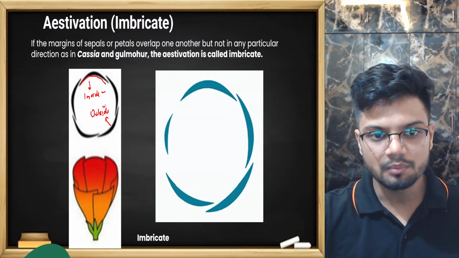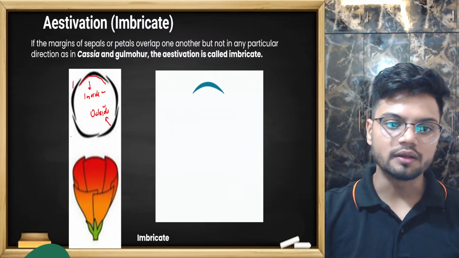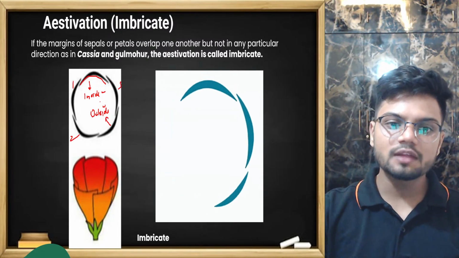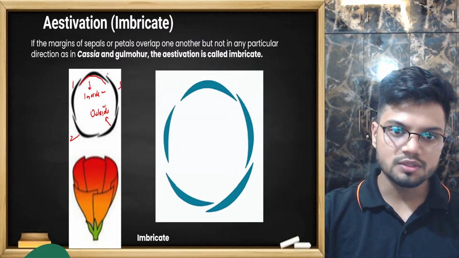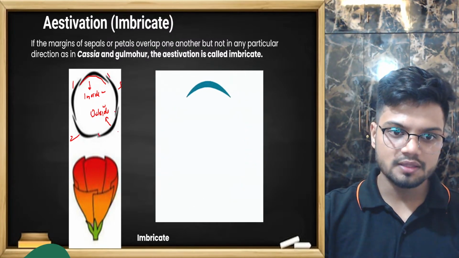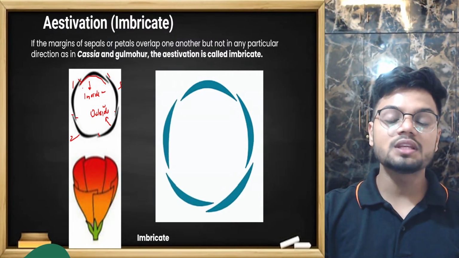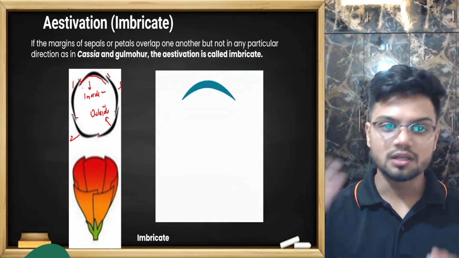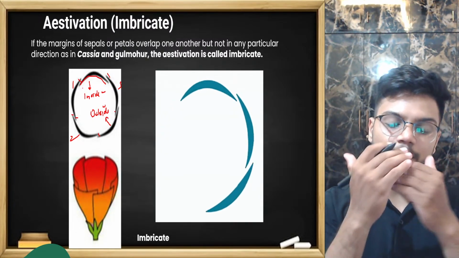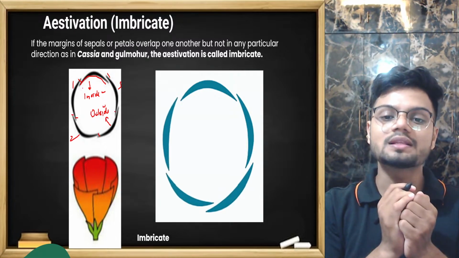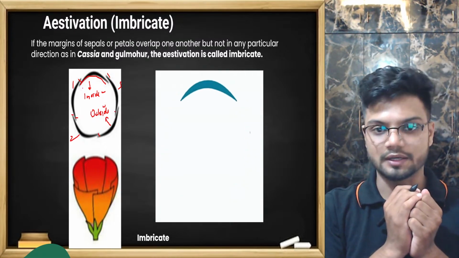The remaining three are overlapping, alternating. One petal is completely inside, one petal is completely outside.